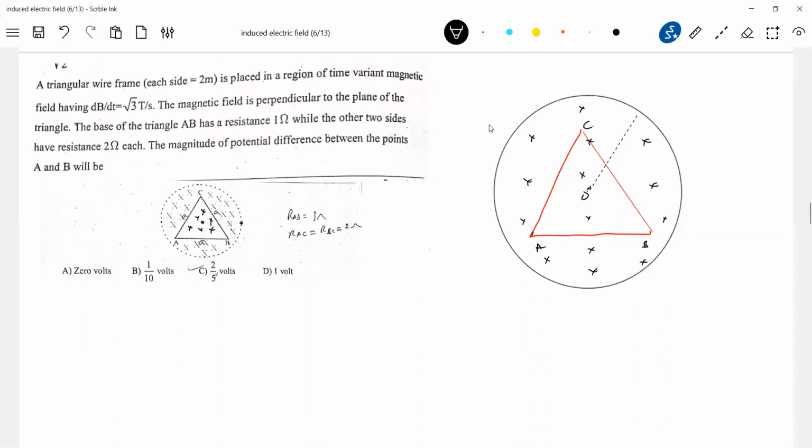What about the EMF induced in each side? Think in that way. The base of the triangle has 1 ohm, the other sides have 2 ohm. The magnitude of potential between points C and B.